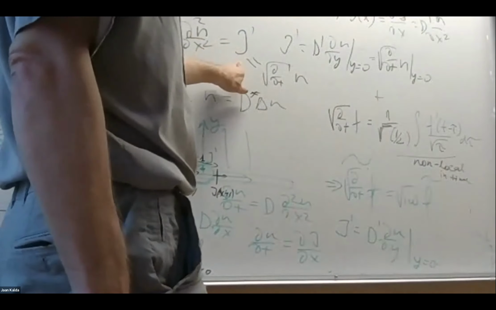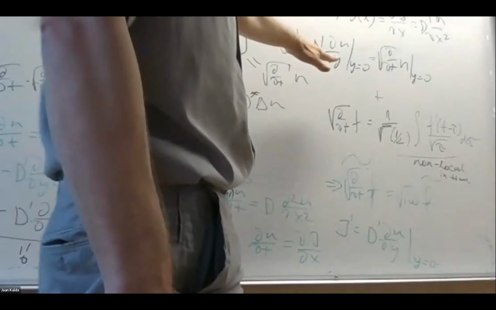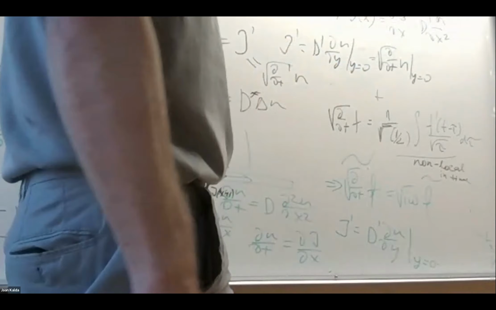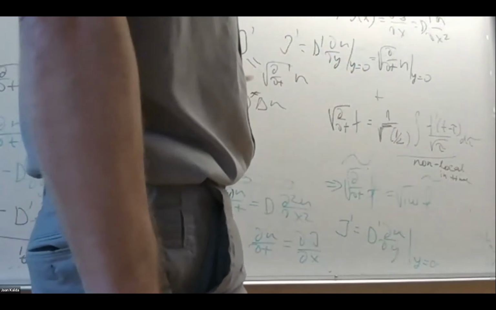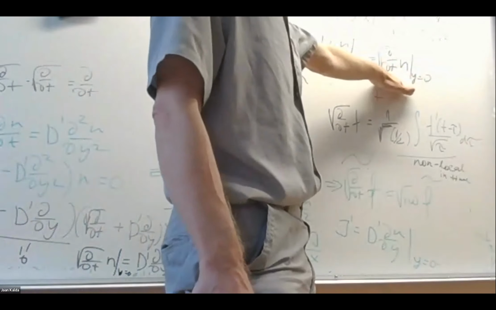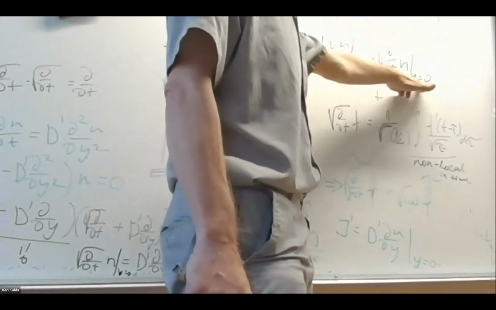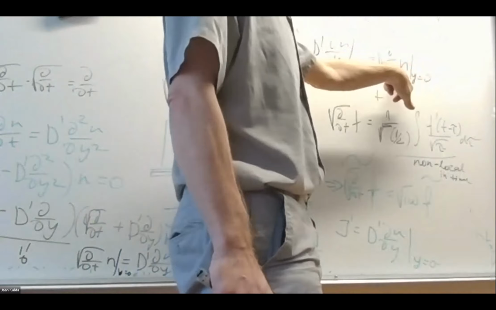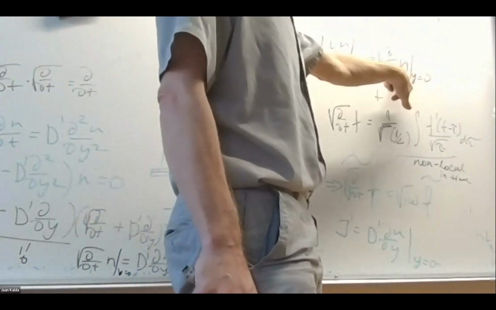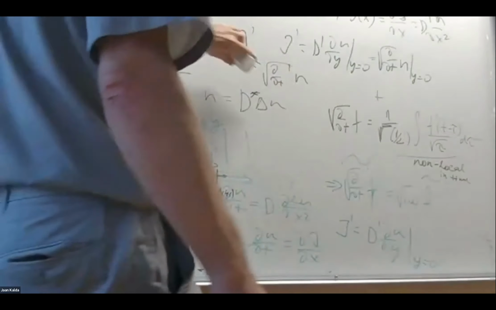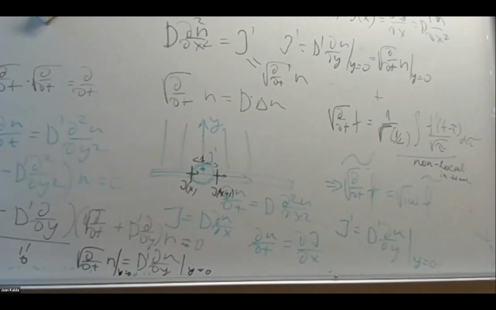On the other hand, it must equal J prime, which is related to the derivative of n over y, but I don't want to introduce y, I want to keep x only. So I substitute the non-local derivative of n at y equals 0 as well as the derivative in time. And I end up with this equation, assuming the distance between these is unity.